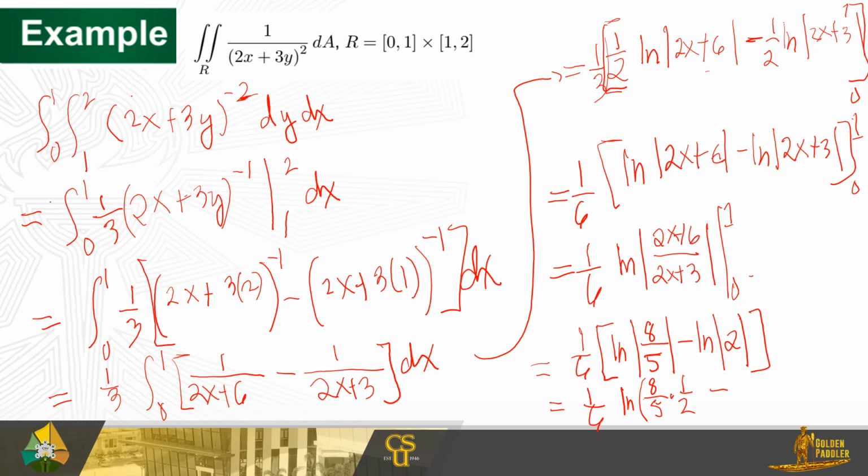So pwede natin gawin tong 1 over 6 ln of magiging 4 over 5. Okay. So, actually, kung titingnan natin yung book, no? So, magkaiba yung answer natin, 1 over 6 ln of 4 over 5. Dun sa book, yung answer niya is negative 1 over 6 times ln of 8 minus ln of 4 minus ln of 5.